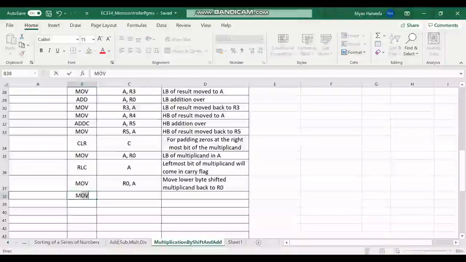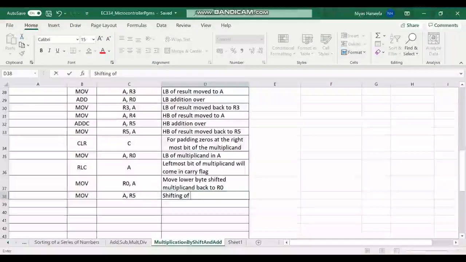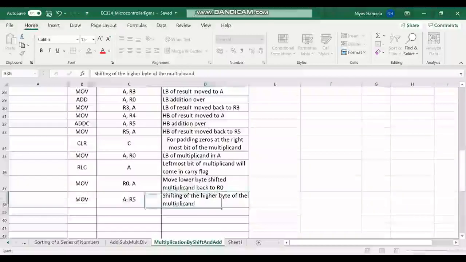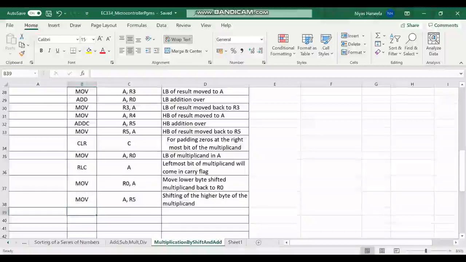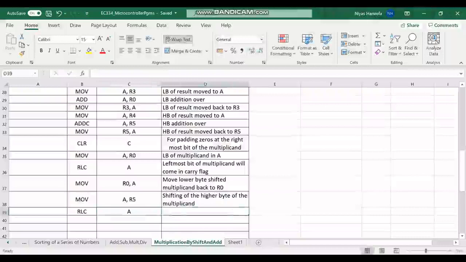So we move A comma R5, shifting of the higher byte of the multiplicand. Then we do RLC A again. So the carry will come to the rightmost position. That carry corresponds to the leftmost bit from R0. That is what is coming over there. So we got the higher byte.